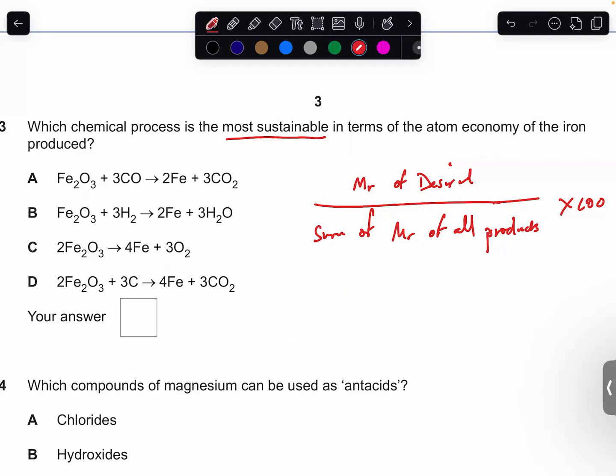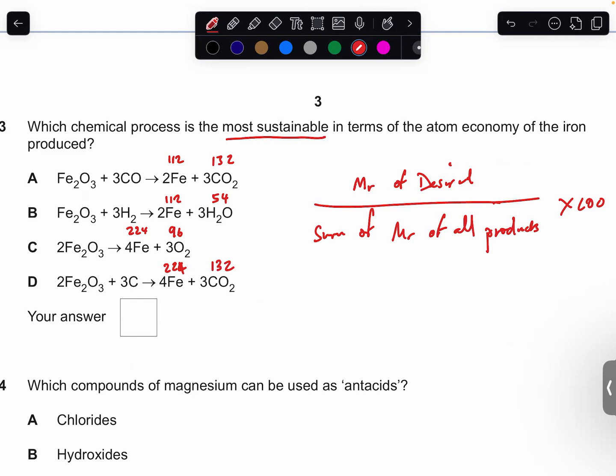So it's 112, and 2 lots of 112 is 224. You've got 3 lots of 44, which is 132. 3 lots of 18, which is 54. 3 lots of 32, which is 96, oxygen. And you've got 3 lots of CO2, the last one, which will again be 132.